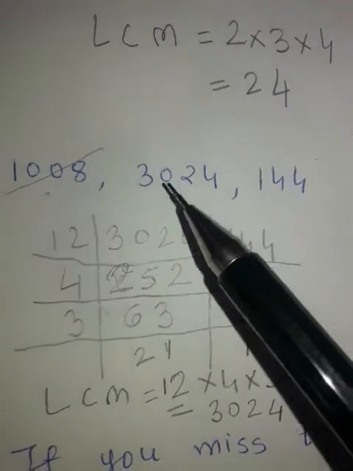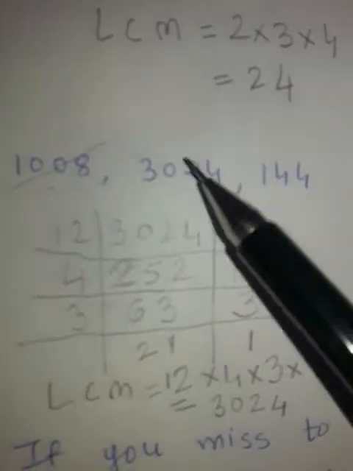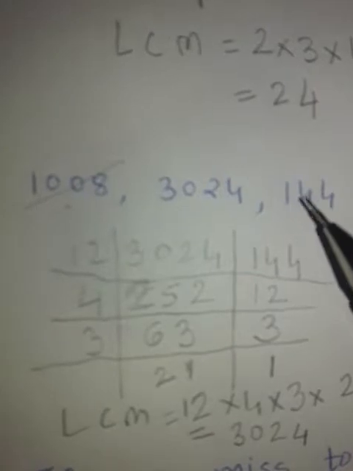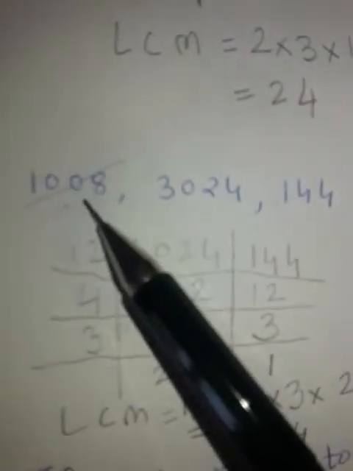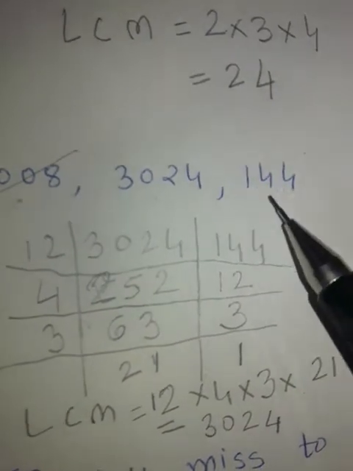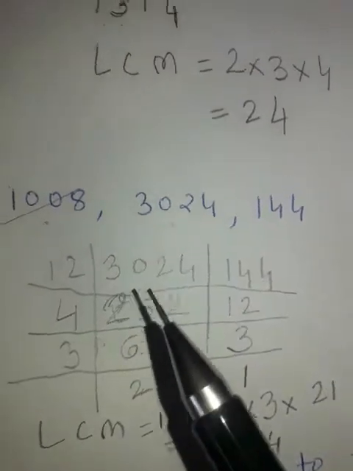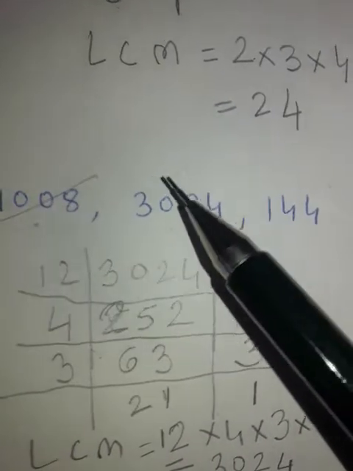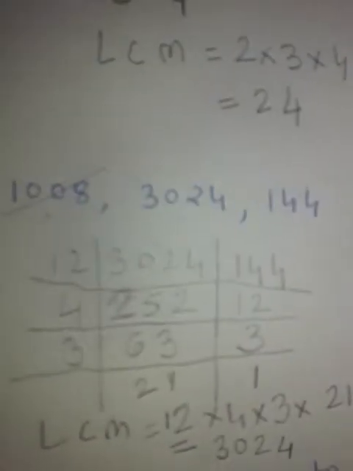So do you observe the same number has appeared here? Why did this happen? Because we ignored this being a factor, but 144 is also a factor of 3024 that we didn't notice earlier. If we had noticed it earlier, we would have ignored it then and there, and in 1 second we would have concluded that 3024 is the LCM.